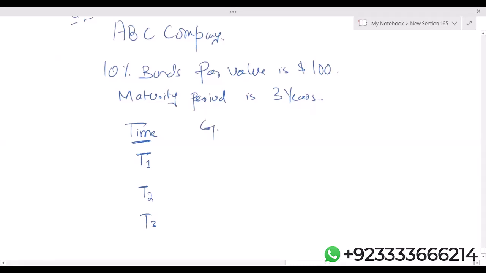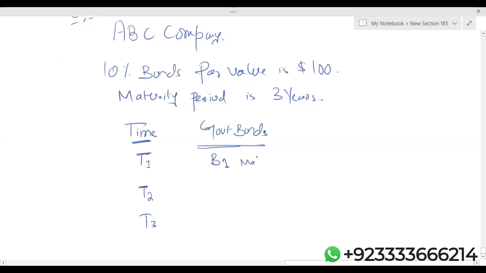Government bonds. Let's say your examiner says there's a government bond one, which is having a maturity period of 1 year.